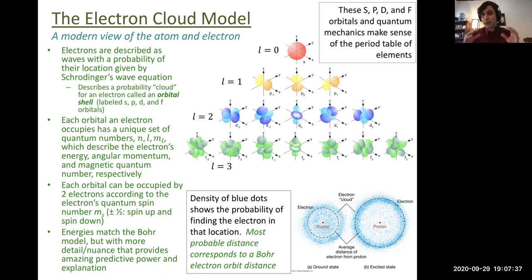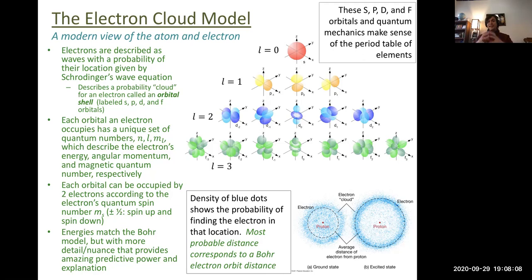Let's not worry about what all of those things are. We're safe just saying quantum mechanics is weird and hard. Talk to any physicist, and if they say quantum mechanics is easy to understand, they're lying to you or to themselves or both. It's weird, it's difficult. But we have these quantum numbers that describe the energy, that's important, the angular momentum, and the magnetic component.